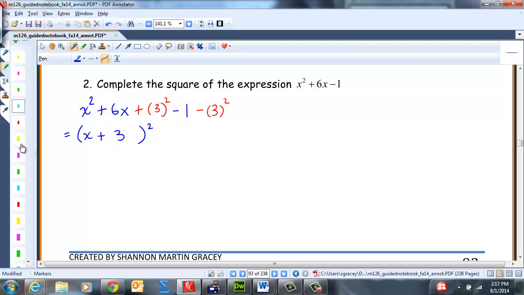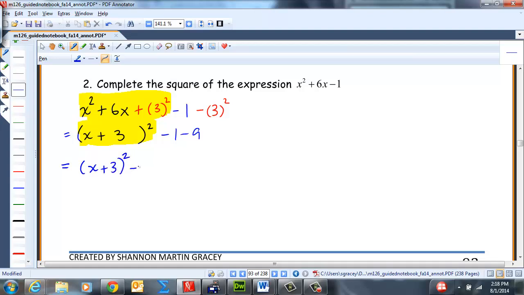That is what we engineered right here. That's equivalent. And then minus 1 minus 9, so we'll get x plus 3, the quantity squared, minus 10. And you've completed the square. Okay?